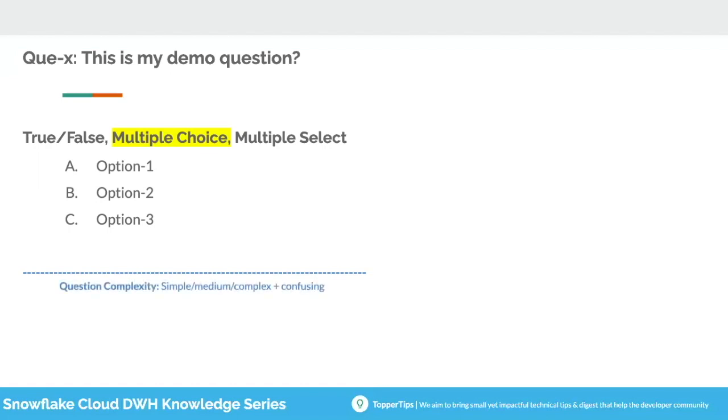Options appear one after another. Once all the options appear, you can pause, think, and attempt to answer. Finally, the question complexity and tricky indicator appear alongside the correct answer, followed by an explanation and Snowflake documentation help if available.